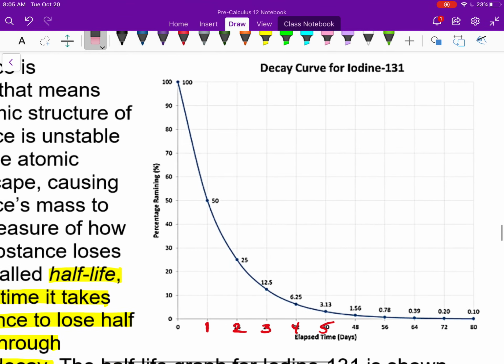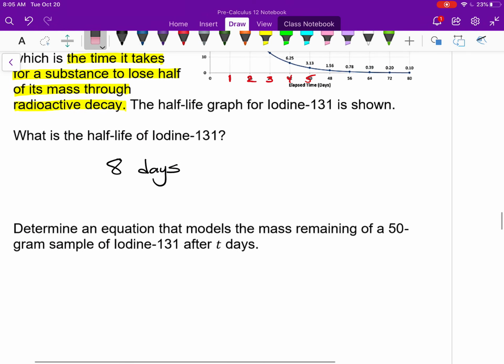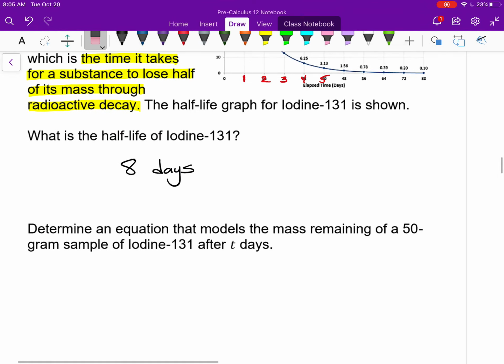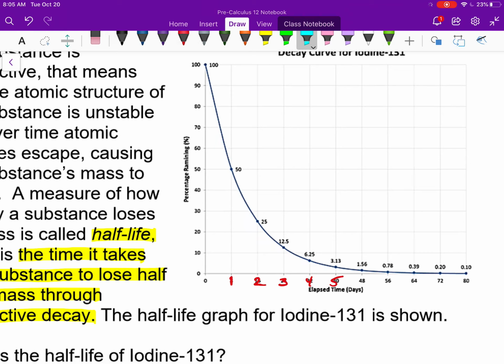And so back to what I was saying. It says right here, the mass remaining of a 50-gram sample. So if this was 50 grams, and every day we lost half the mass. Okay? So what I'm doing is simplifying this for a moment and pretending it takes 1 day to lose half the mass, not 8. Then defining the mass after t days would be relatively simple.